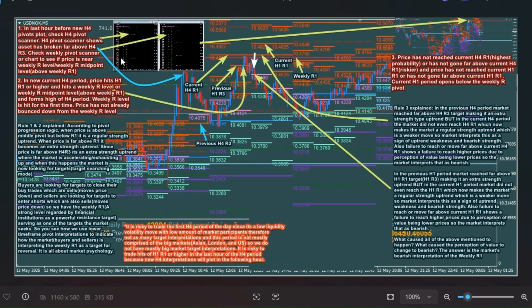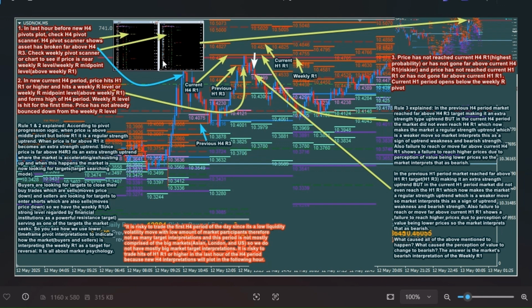And then we can simply go to the weekly pivot scanner, and when we look at USD NOK, we'll look to see where price is on USD NOK in relation to the weekly pivots. Okay?